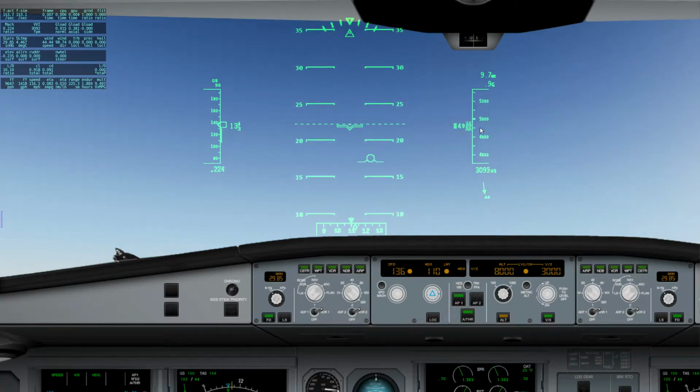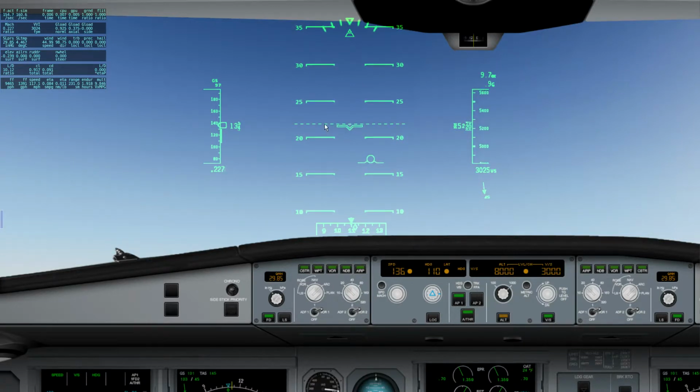Now it's a little bit less than 10 degrees because of the higher thrust setting at the moment. The stall bar here, set at the angle of attack limit, in this case 10 degrees, reflects that. So the plane is flying at an angle of attack of 10 degrees relative to the air.